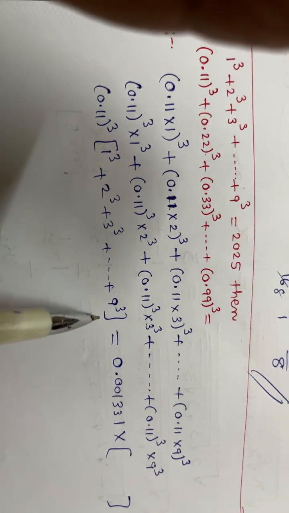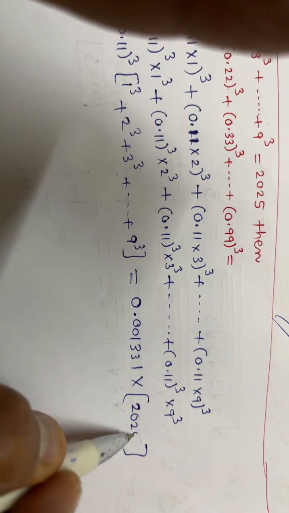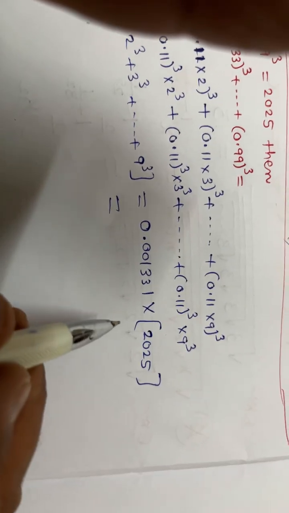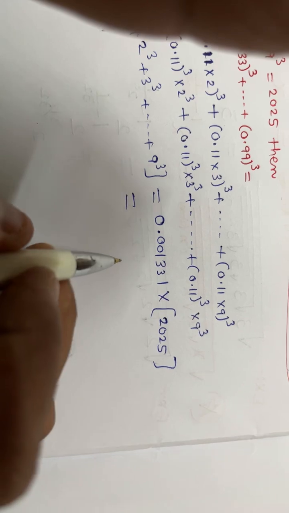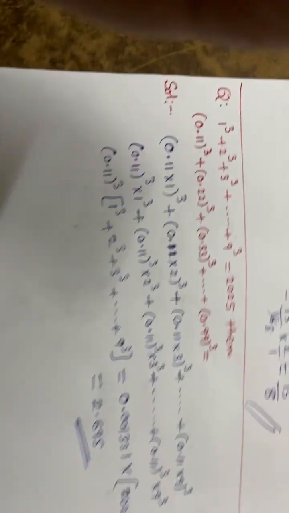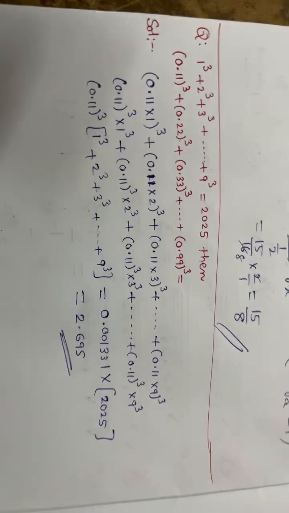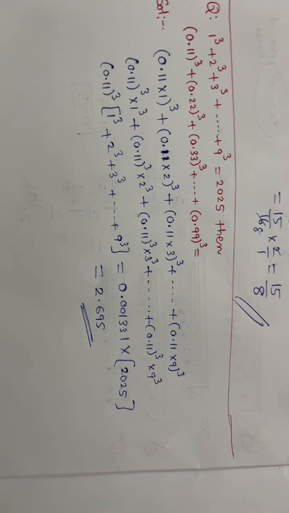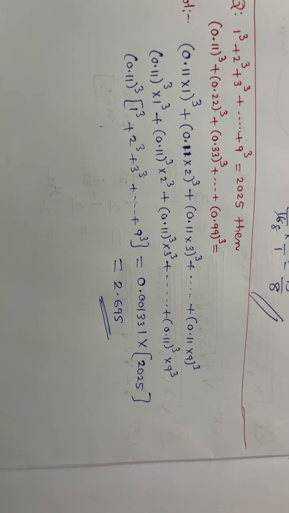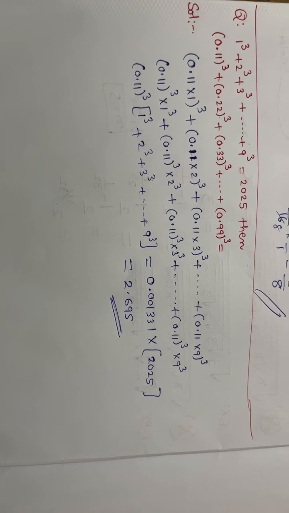The 1 cube plus 2 cube plus 3 cube and so on 9 cube is given as 2025. So if you do the actual multiplication of these two, you may get 2.695. So that is the answer for this. I hope everyone is able to understand. Thank you, dear students. I'm going to end the session.